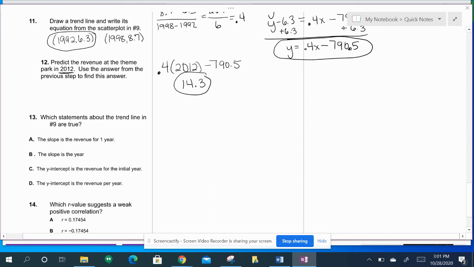Well, the slope doesn't stand for the year. The y-intercept is the revenue for the initial year. That would seem to be acceptable there. And then the y-intercept is the revenue per year, not the case. But the y-intercept tells us where we begin.